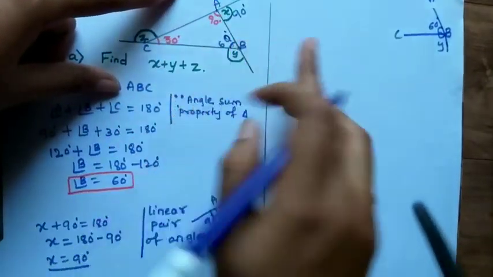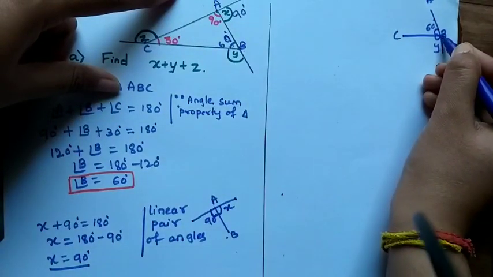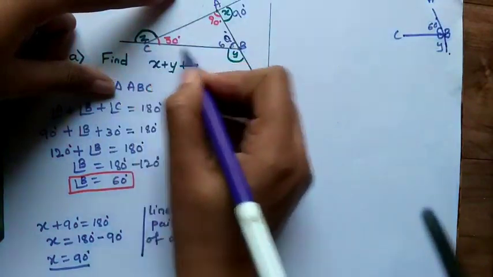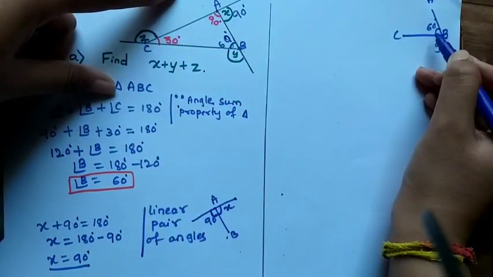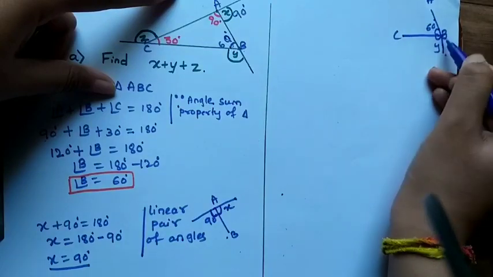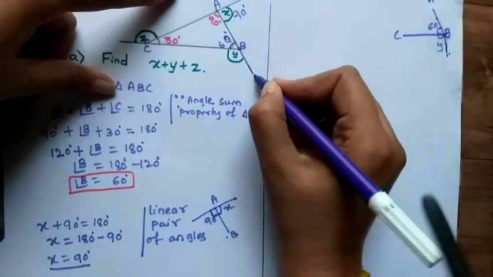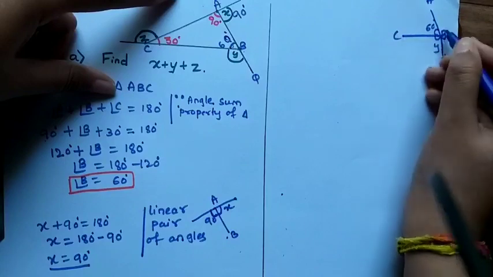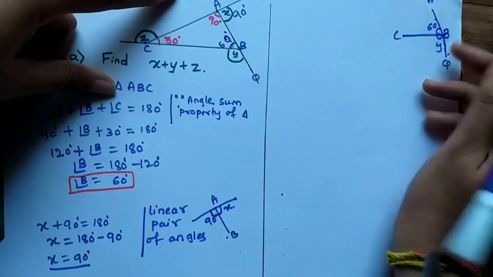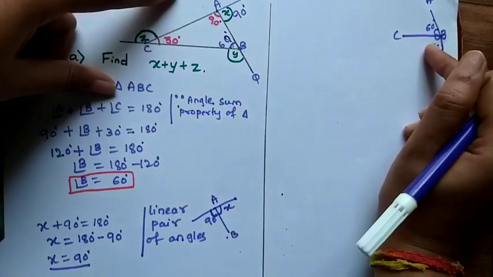Just observe, the AB line is extended here, and CB. Here angle ABC is how much? They gave 60 degrees. Give the other angle any name, say Q. Angle CBQ is Y. Here we have to find the angle Y, which is a linear pair angle.